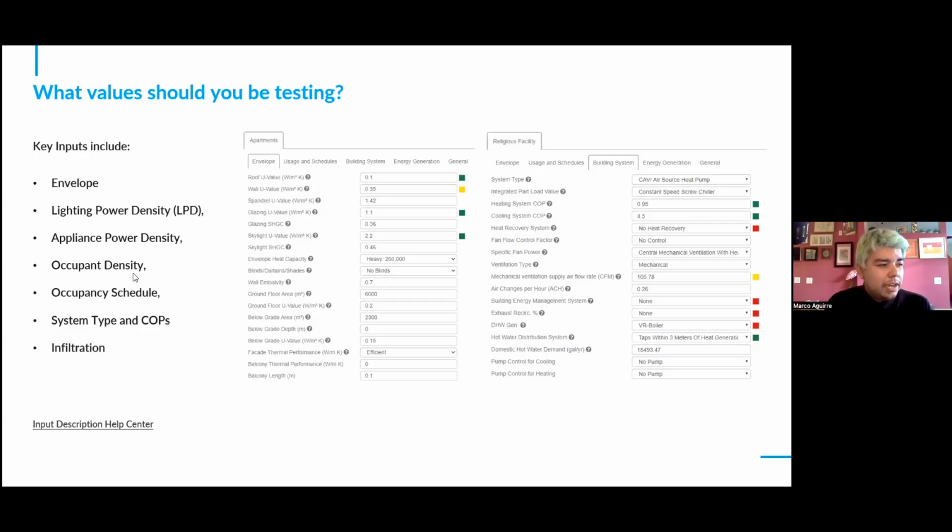The number of people in your space might not be something you can change, but it does directly impact how much energy is required, how efficient the systems have to be, or how much they have to work during your typical schedule. And then your system types and COPs, which is all of the HVAC settings.